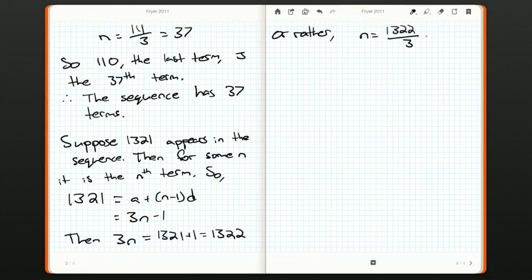So n is 1322 over 3. Now, the sum of these digits, 1 plus 3 plus 2 plus 2, that's 8. That's not a multiple of 3, so I can already tell this isn't going to work out. But we can check by calculator. This is 440 and 2/3.